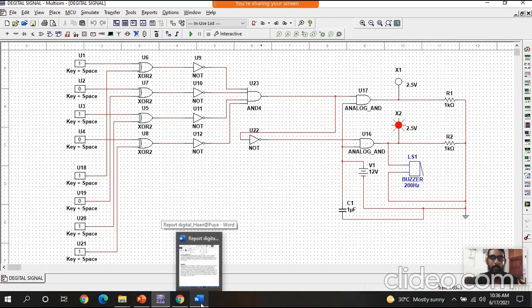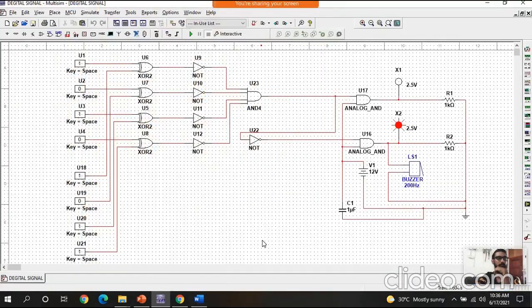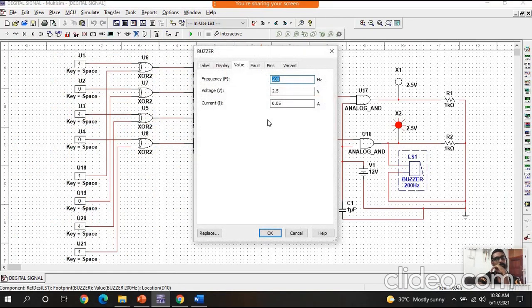Well, how about if you're using 5 volt? Is it okay? 5 volt tak boleh, madam, sebab buzzer dia 2.5 and then LED pun 2.5. Saya guna 2 LED. Buzzer voltage supply dia nak berapa? Dia 2.5.